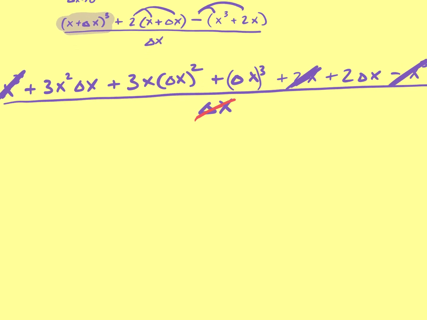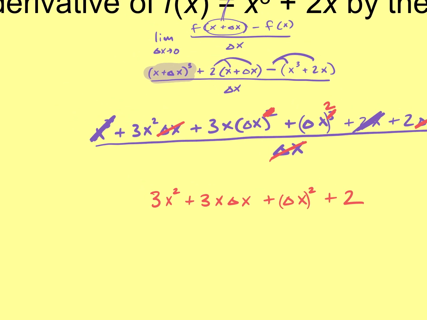So dx on the bottom is going to take away a dx here, just one of the dx's from here, one of them from the dx cubed, so we're left with 2 of them, and then the dx from the third one, or from the fourth. So we're left with 3x squared plus 3x dx plus dx squared plus 2. And we're still finding the limit of this.